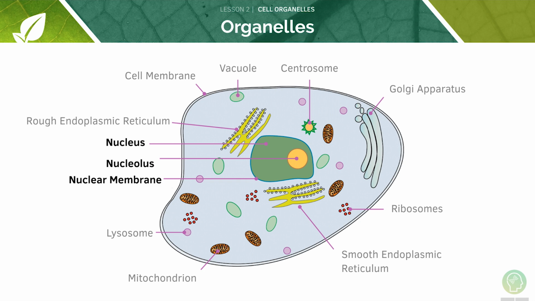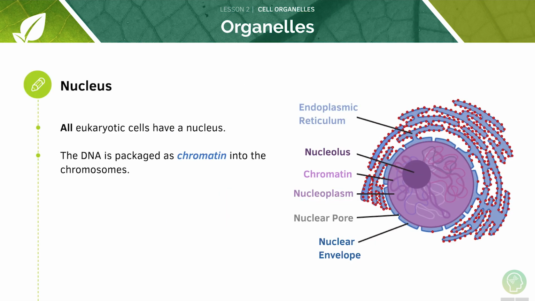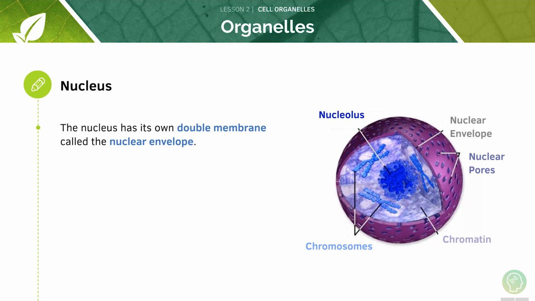Now let's look more closely at the nucleus. All eukaryotic cells will have a nucleus. The nucleus houses the genetic information of the cell. DNA is packaged in the form of chromatin, which in turn is packaged into chromosomes. These chromosomes are stored in the centre of the nucleus. The nucleus has its own membrane.